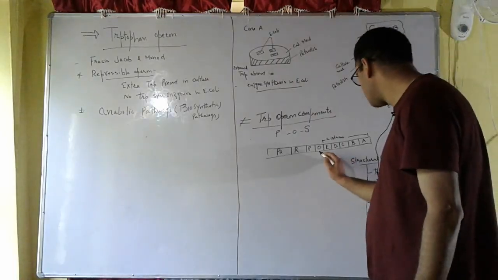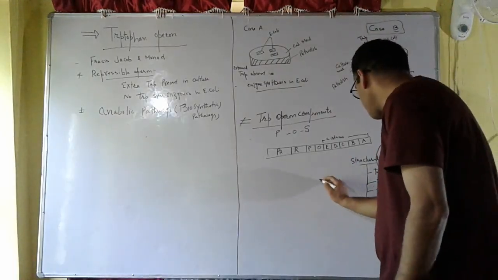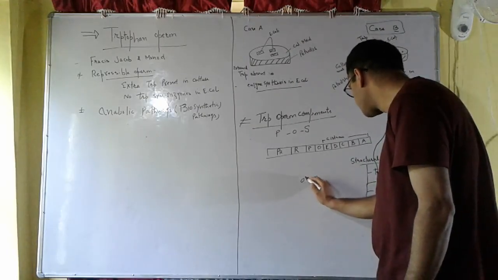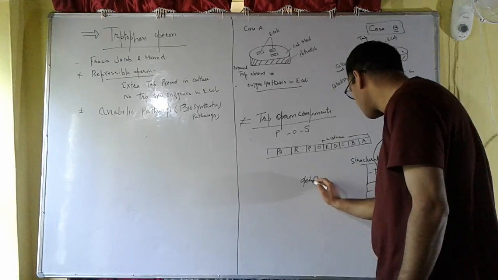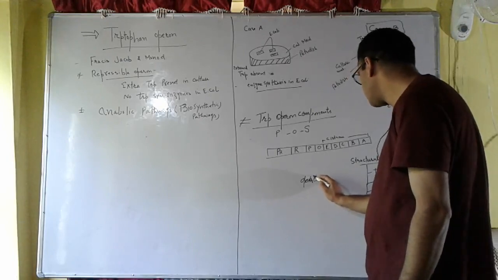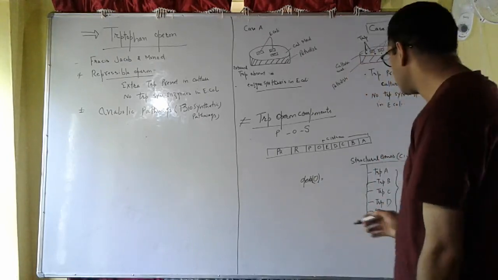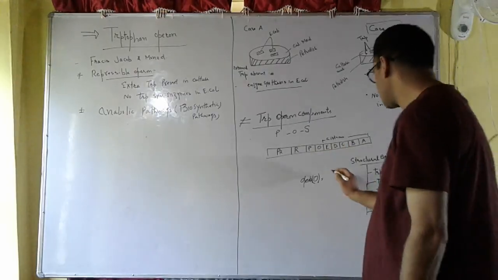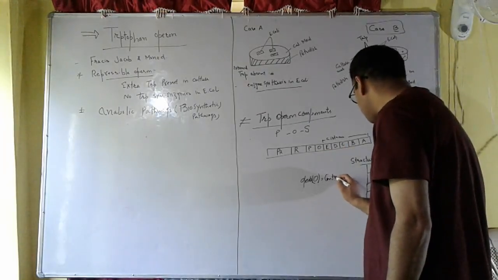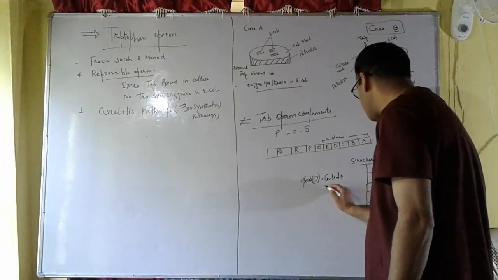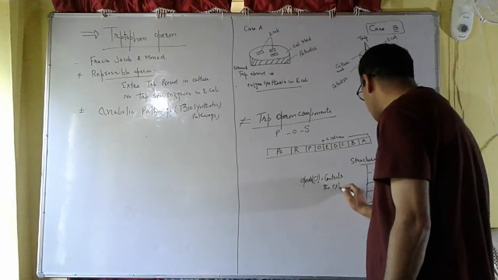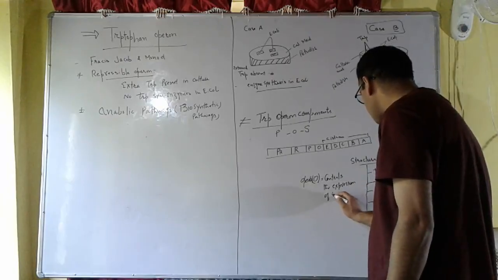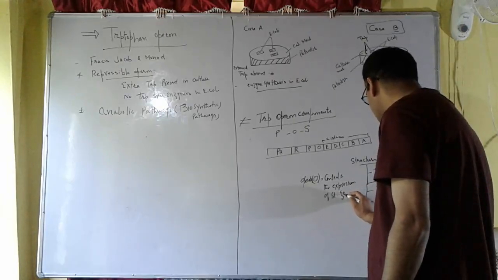Then we have the O gene, the operator gene. It controls the expression of cistrons or structural genes.